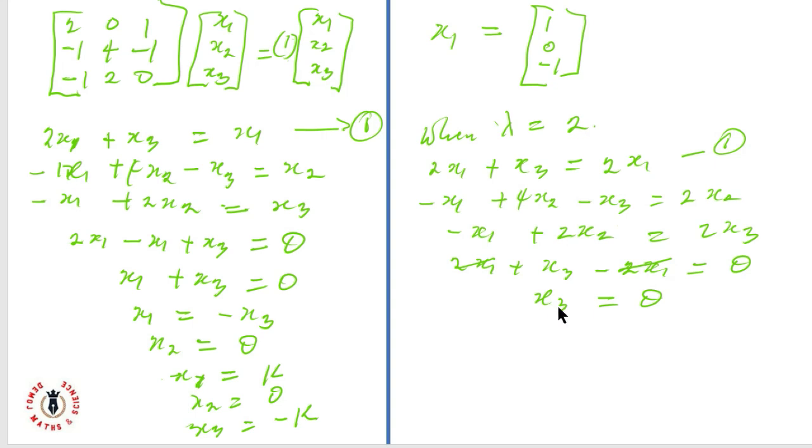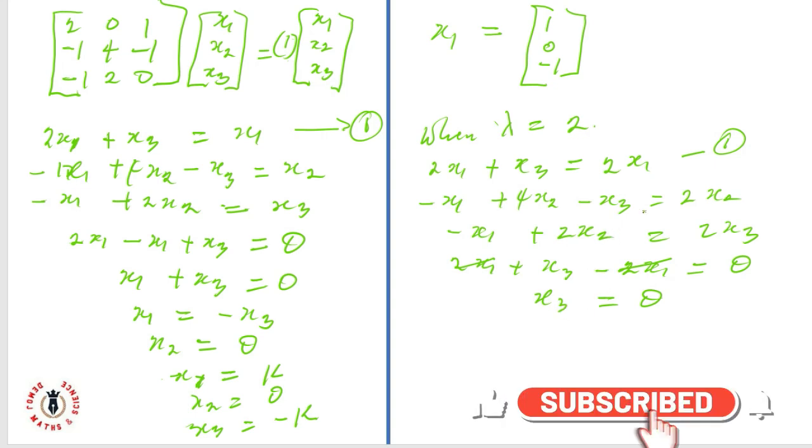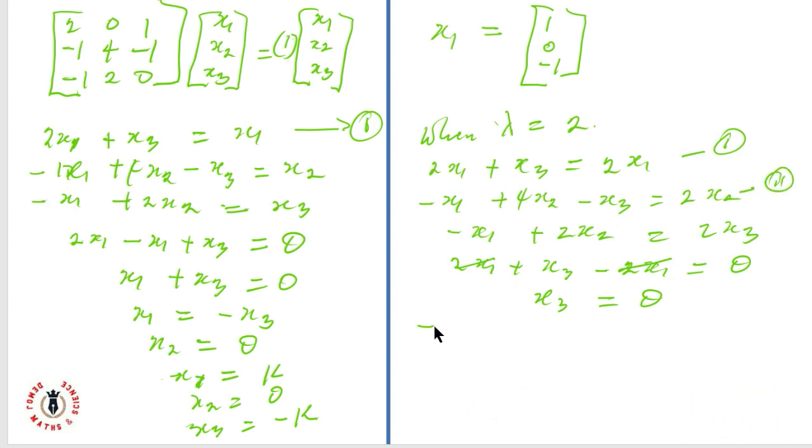So automatically, x3 from this equation is equal to 0. But we don't have a relationship or a value for x1 or x2 yet. So let's plug it into equation 2. Plugging it into equation 2 becomes minus x1 plus 4x2 is equal to 2x2, since we've said x3 is equal to 0.